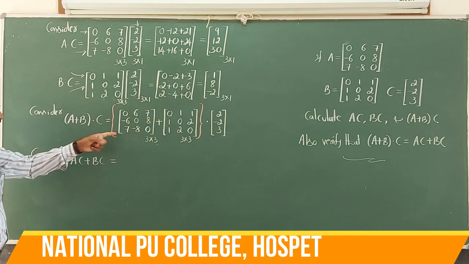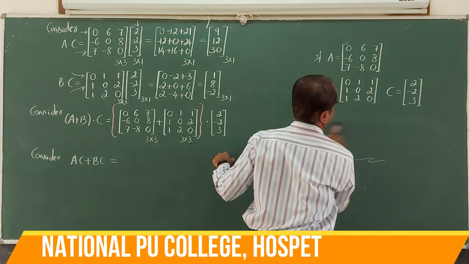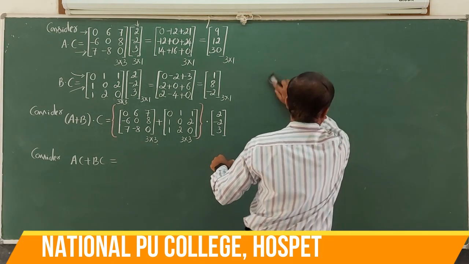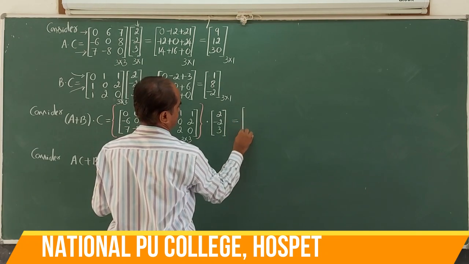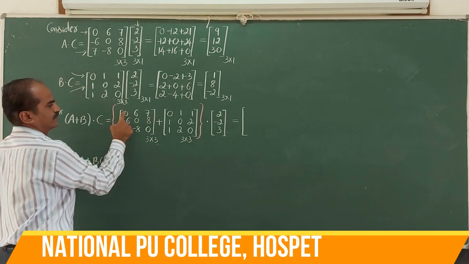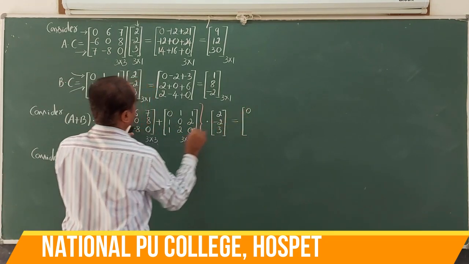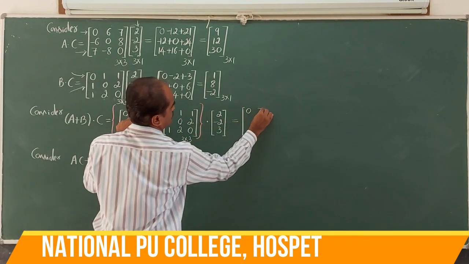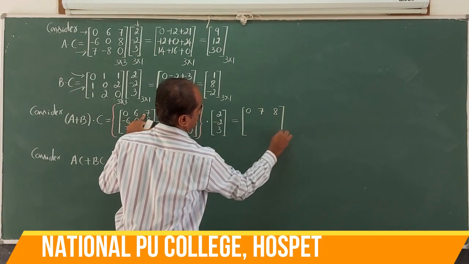Now let me go for finding (A plus B) times C. First add those two matrices. How to add? Corresponding elements I have to add. 0 plus 0, 0; 6 plus 1, 7; 7 plus 1, 8.